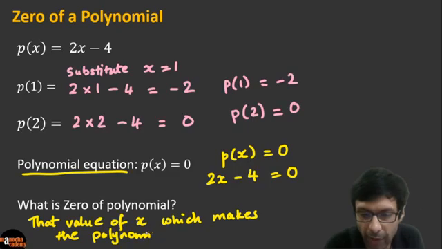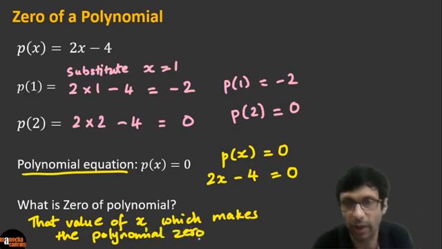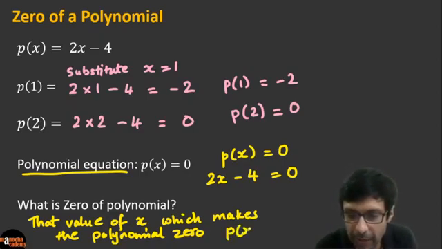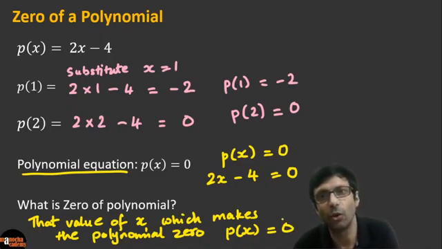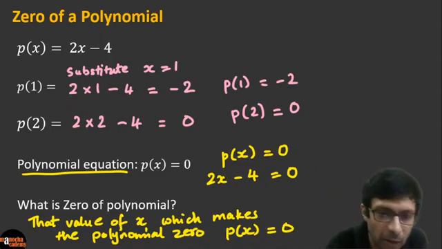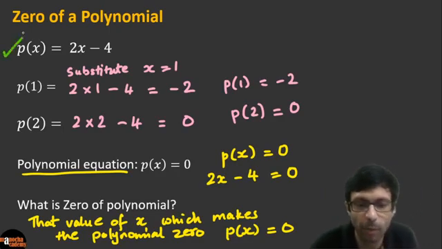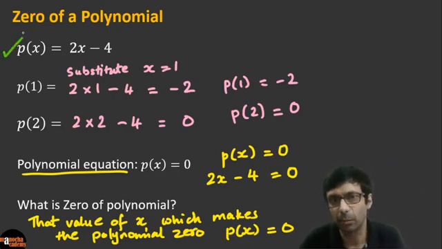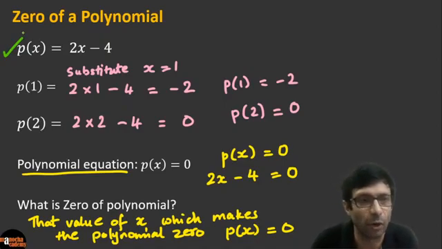So that value of x for which p(x) becomes 0. Guys, can you tell me what is the 0 of this polynomial, our example right on top? What value of x, because we know we can substitute different values, makes it 0? Excellent guys, superb. Shashank Kulkarni, Susanta, you all have the right answer.